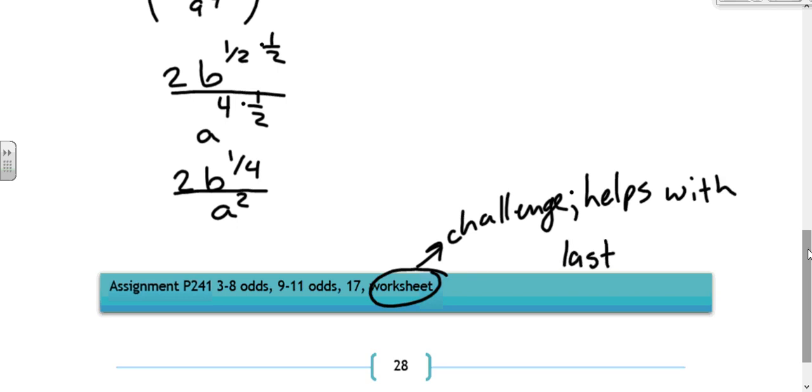So I'll say help with last 4 examples. So if you struggled with these and you need more practice than what I assigned you, I would start with, do the assignment, then do evens if you need to, and then do the worksheet.